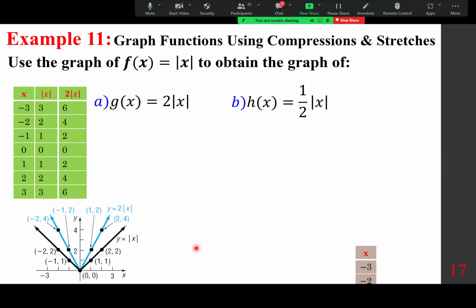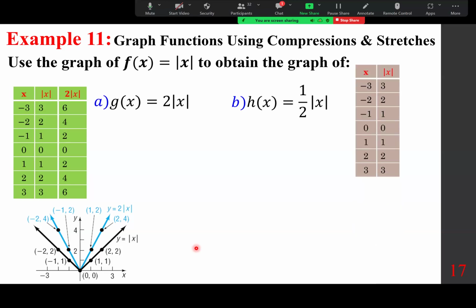Again, the first two don't change. Now we want half of this. We take half of the second column, which represents the y coordinate. So for half of absolute value of x, this becomes 3 halves, 1, 1/2, 0, 1/2, 1, 3 halves.